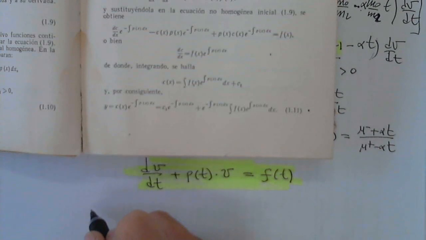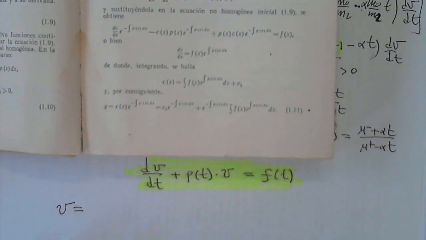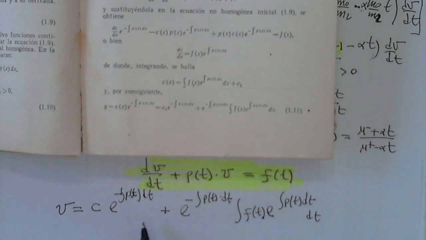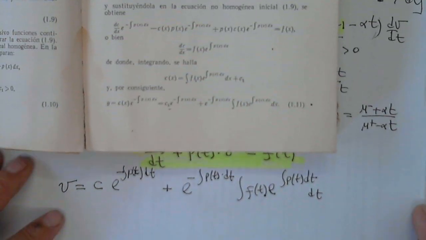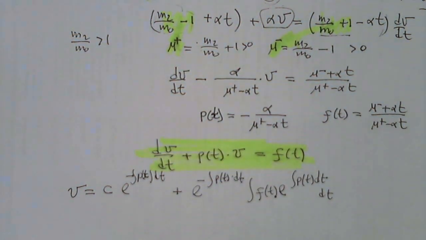So I get v equals, again I just put the solution over here. They call it c1, I just call it c, and this is a function that has the constant, and we are going to see that the constant is going to be 0 if the initial velocity is 0, and we are left with this term. So as you can see, I don't need the book anymore.